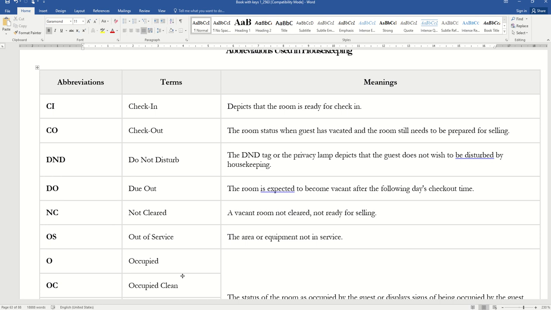So when guests need privacy, when guests don't need anyone to disturb them, even a housekeeper to enter the room and clean the room, they usually hang the DND sign in order to let all people, including the housekeeper, know not to enter the room.